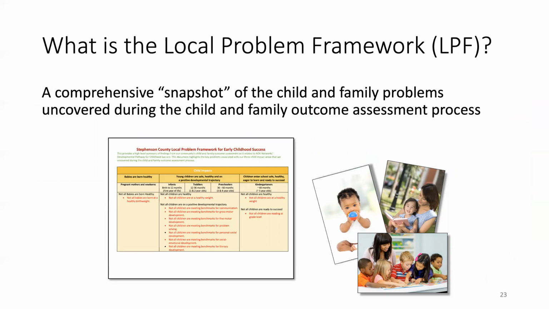But I think this is also a great document to have on hand throughout the 5-year cycle, because there may be points in time where you're going to want to come back and look back at this. Maybe you're coming back to look for other problems that you're now ready to start to address. Maybe you're coming back to just remember what some of the other issues were that children and families were facing, because it will inform what you're planning to do currently.